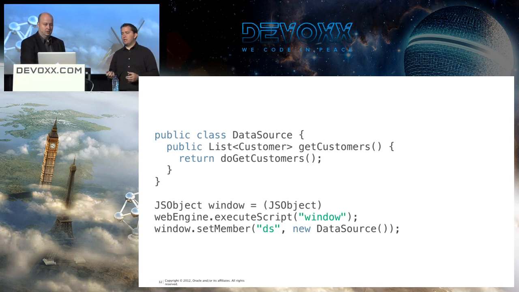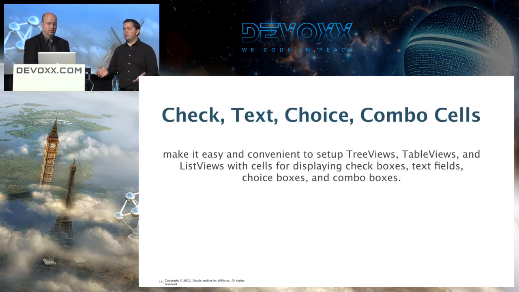Then all you have to do is call setMember on that JavaScript object and pass it your Java object. Now all the methods, properties and so forth on that Java object are exposed to JavaScript. And from JavaScript, you can just invoke the methods and pass in data, whatever you want to do. It's really nice, clean, tidy, and works really well.